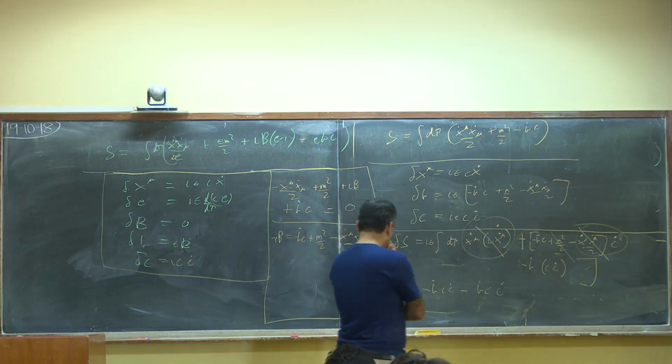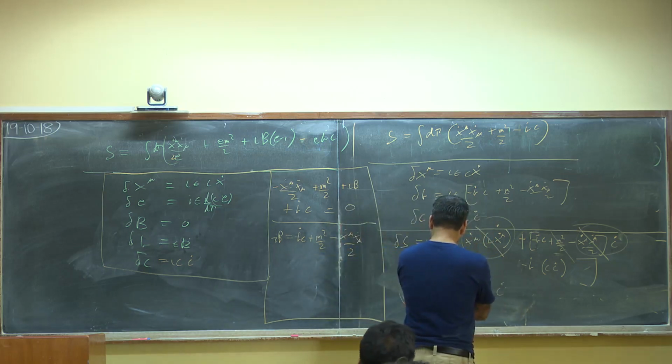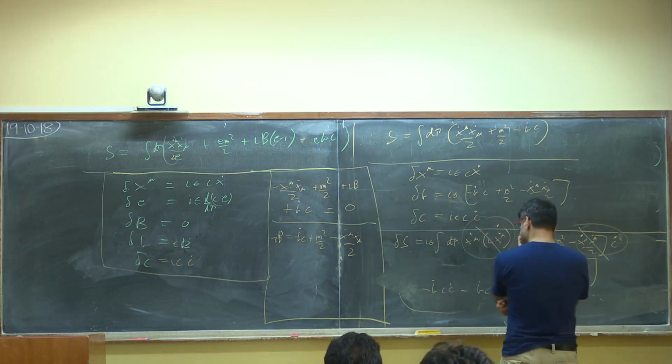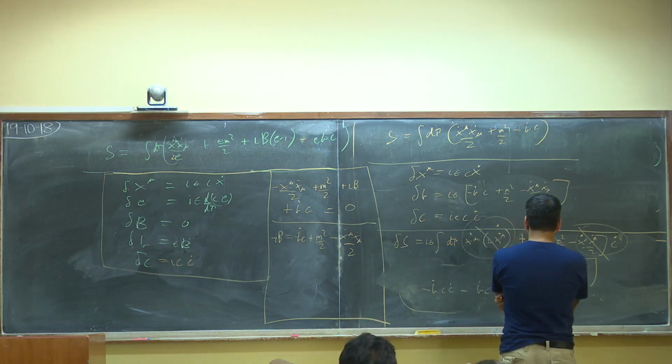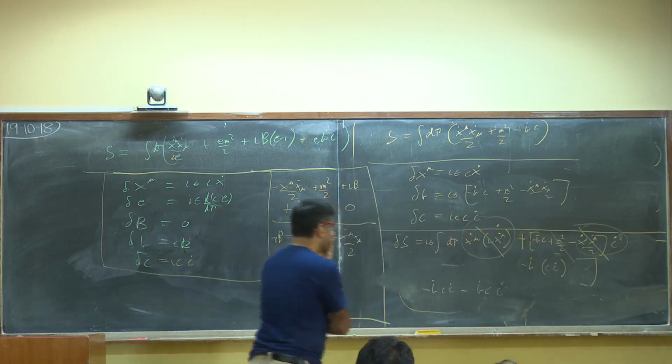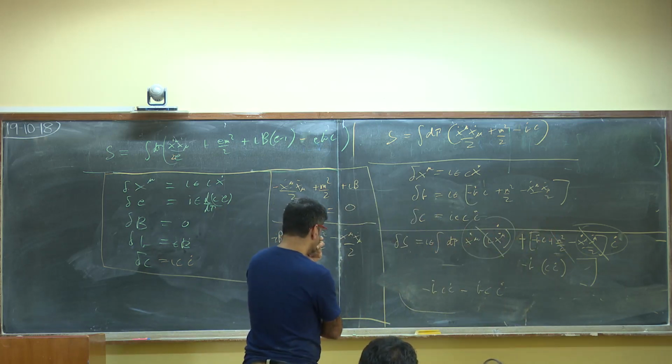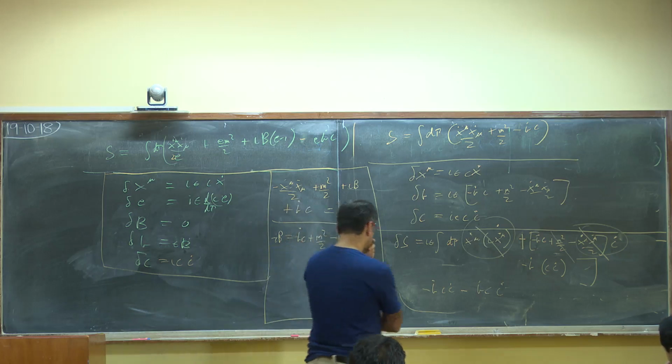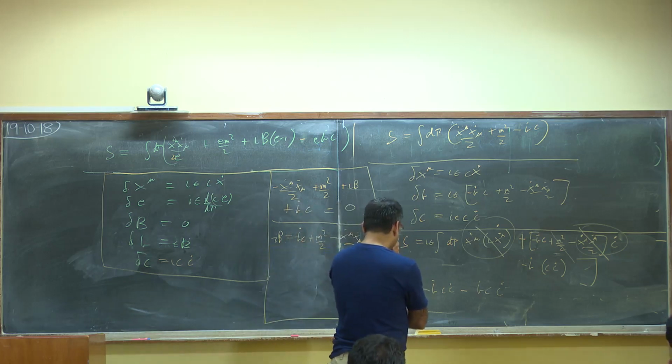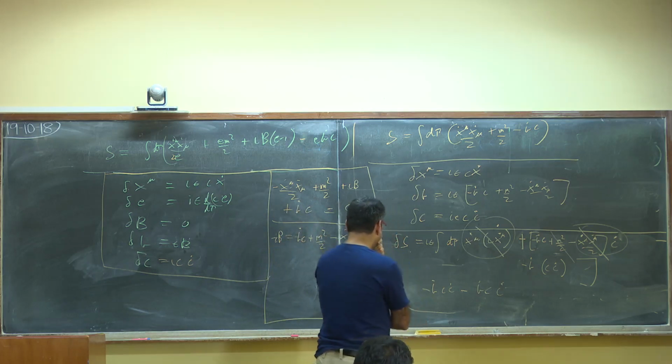Minus b dot c c dot minus b dot c c dot. And what is this? B times C square. The c square is 0. Yes, so B times C square and B times C square. So b dot times c square is what you want to say, right?